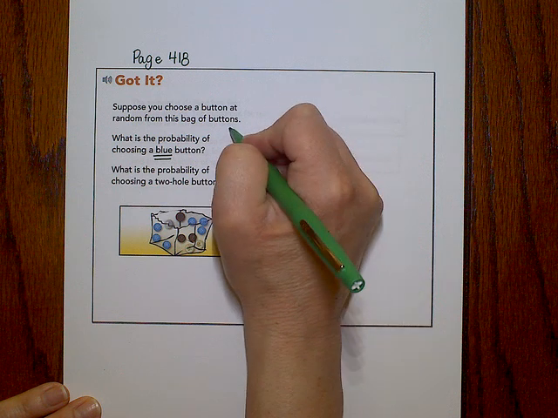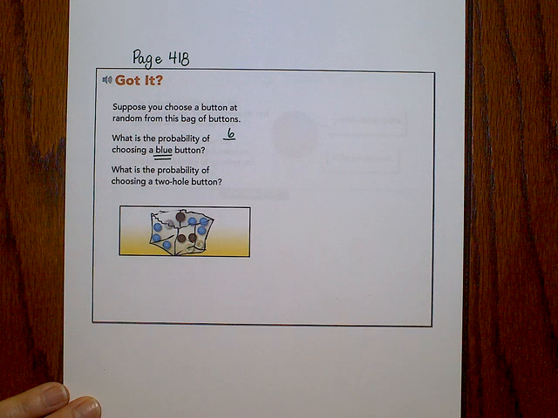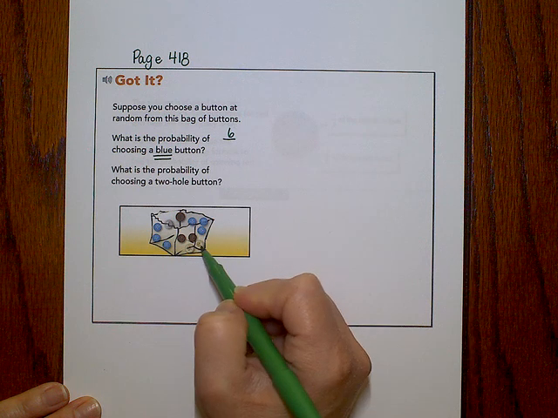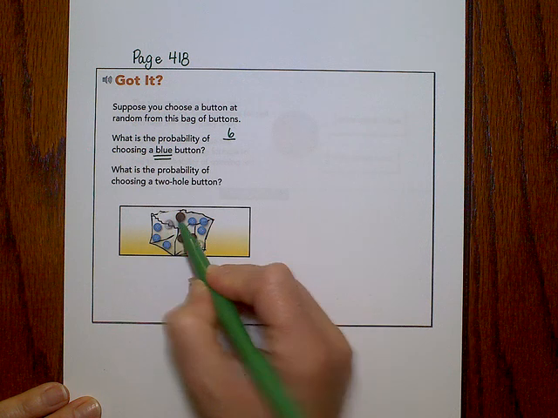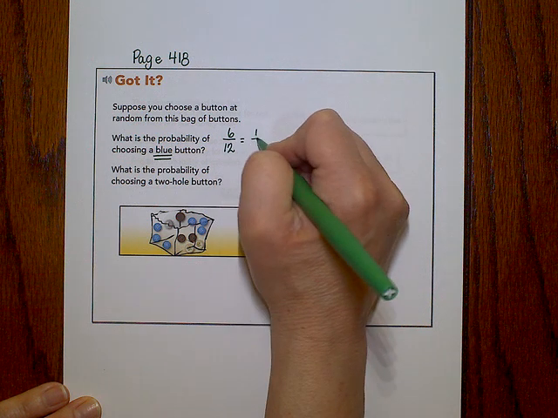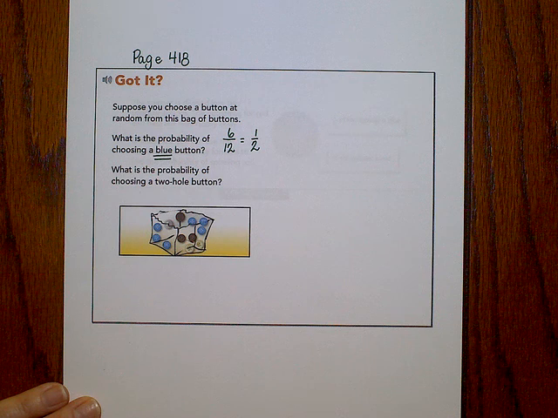There are 6 blue buttons, and if we count all the buttons, we know we have 6 blue, 7, 8, 9, 10, 11, 12. So that's 6/12, which is the same as 1/2. Our second question wants to know what's the probability of choosing a 2-hole button.